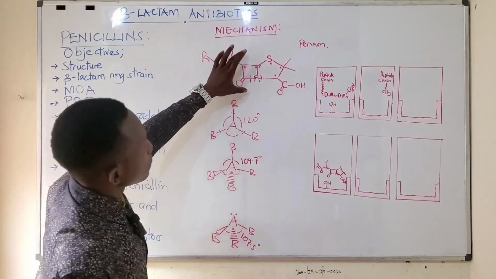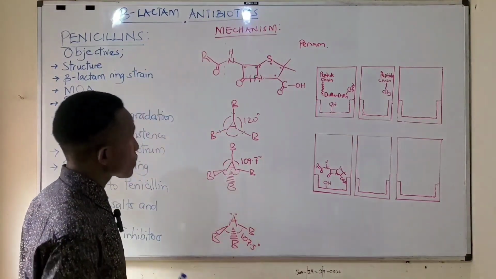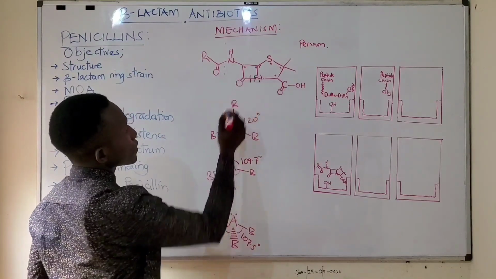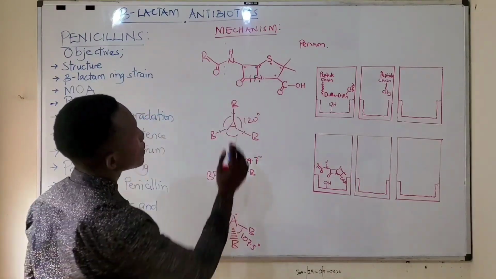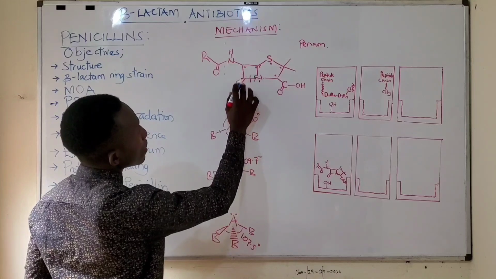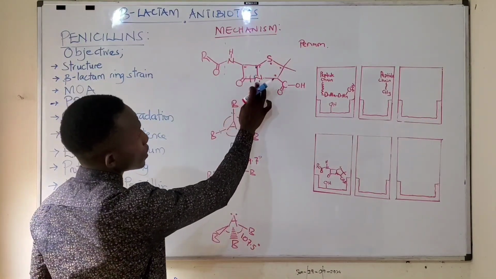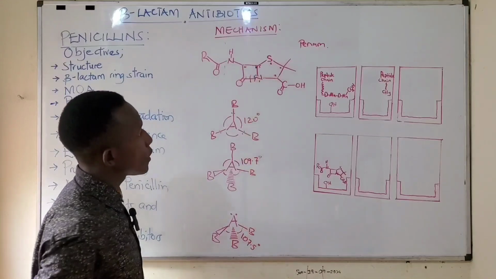Now, when it comes to this structure, we are seeing this carbon. This carbon atom has 3 other bonded atoms. It has oxygen, nitrogen here, and a carbon there.